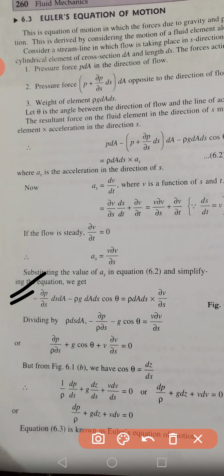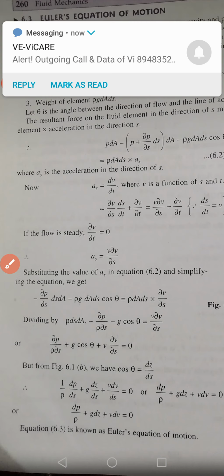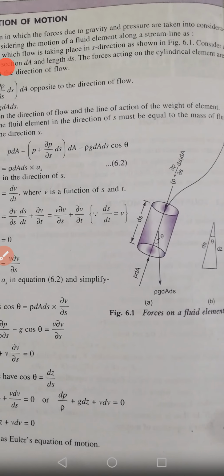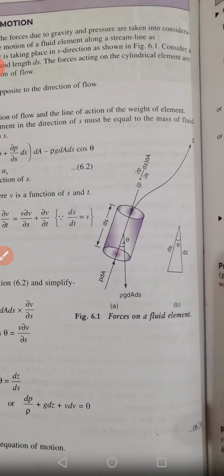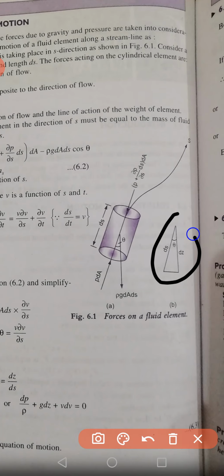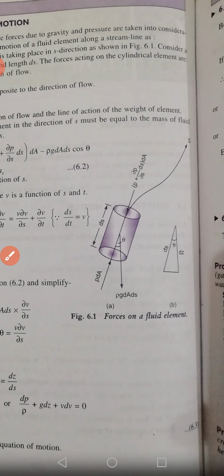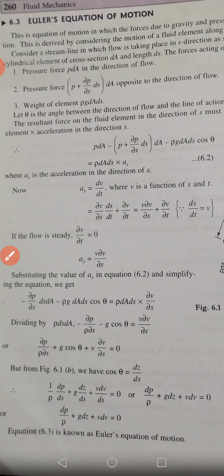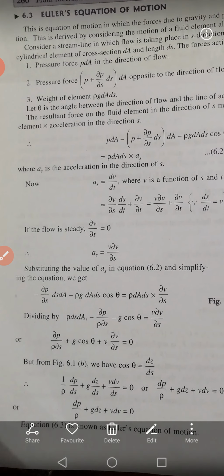By dividing both sides by rho ds dA, we will get this equation. We also know that the weight is acting at an angle of theta, so we will resolve cos theta, which based upon the hypotenuse is dz upon ds, and we will place the value of cos theta here.